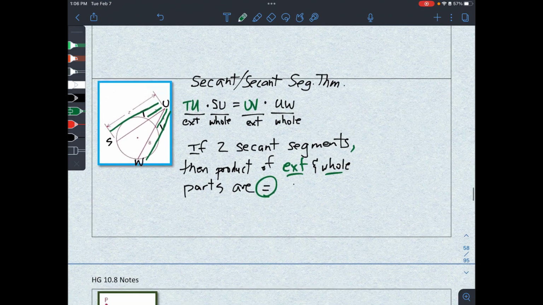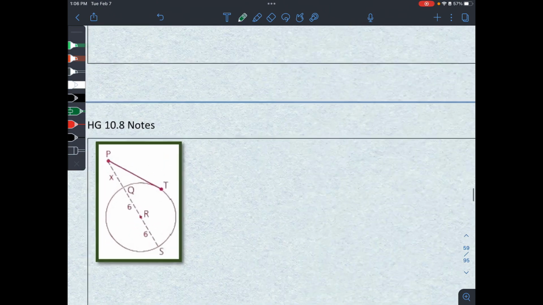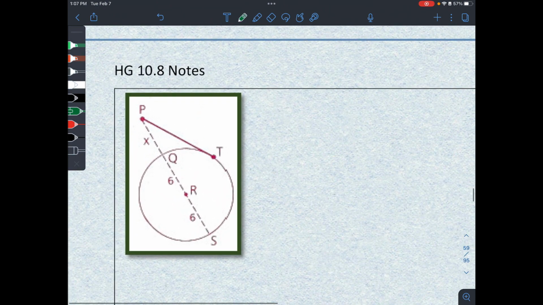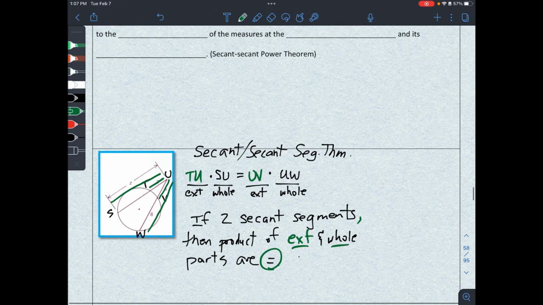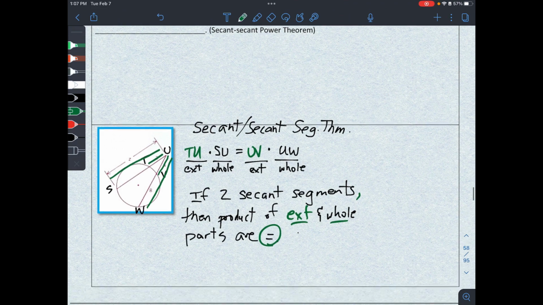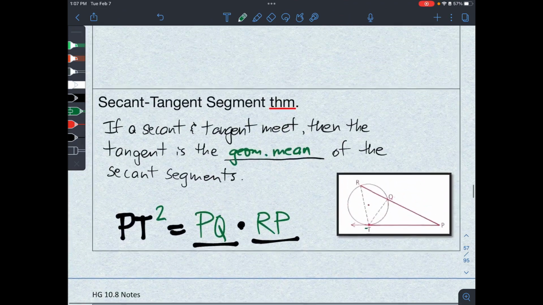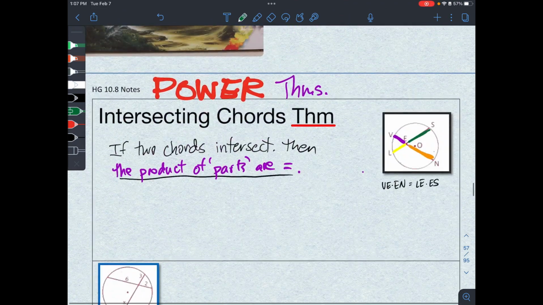All right, hopefully the problems look something along these lines. This is obviously a secant-tangent problem. Be careful when you do them, and set them up properly using one of the three theorems that are introduced to you: secant-secant, secant-tangent, chord-chord. Best of luck.